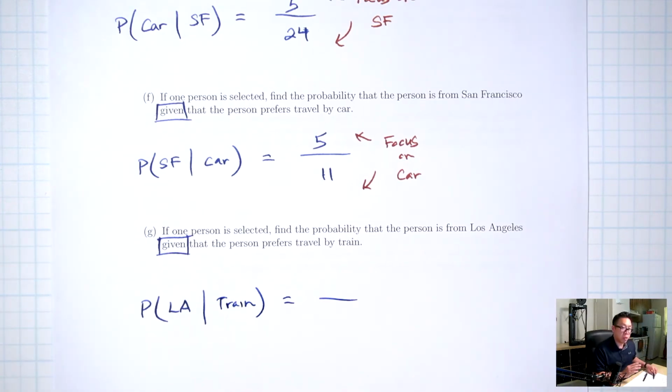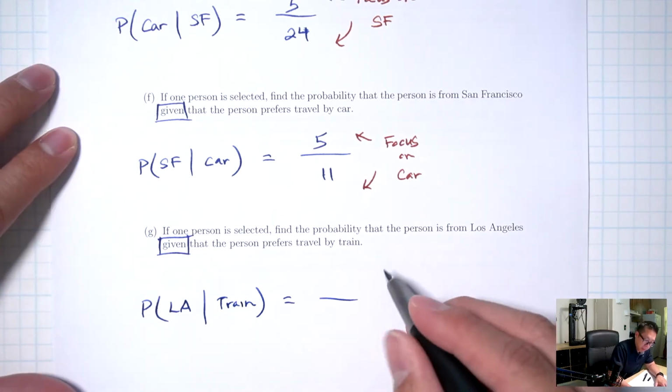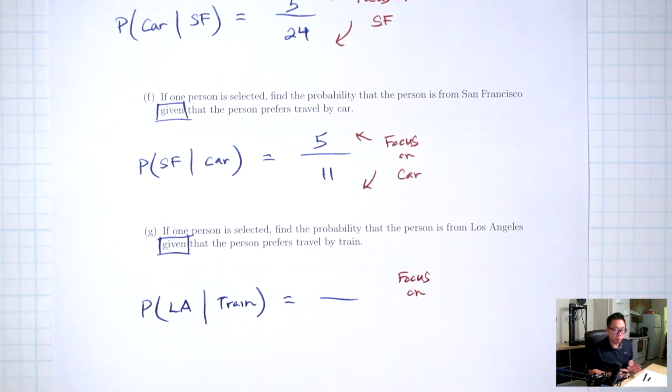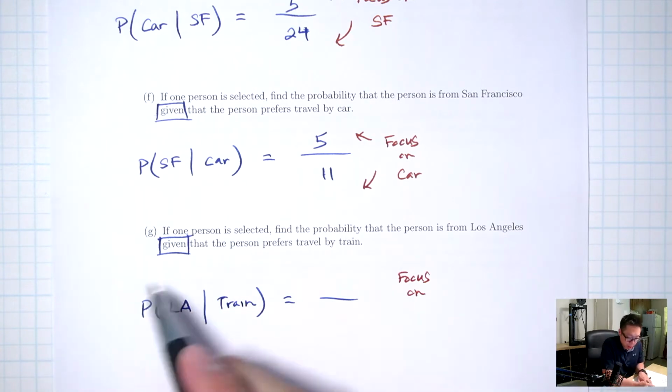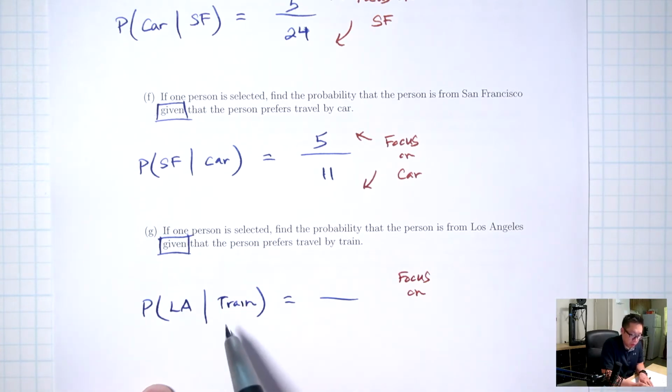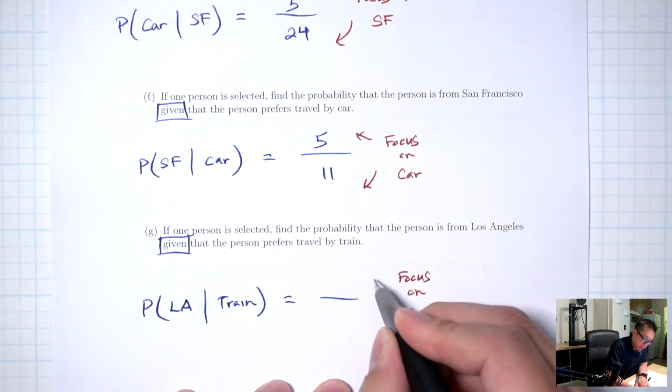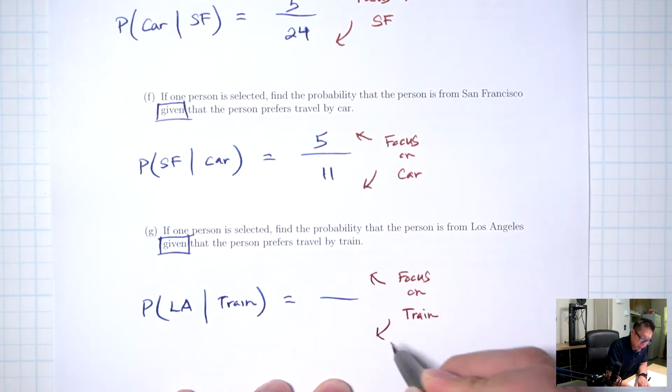So what numbers should I focus on here? Okay, we're focusing on the given part, which is the second part. So we should be focusing on train for the top and the bottom.